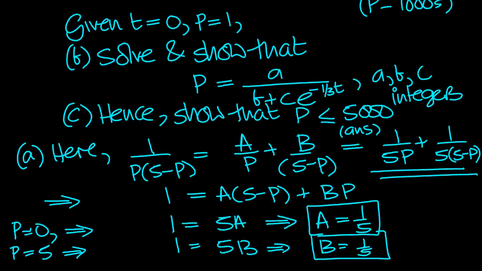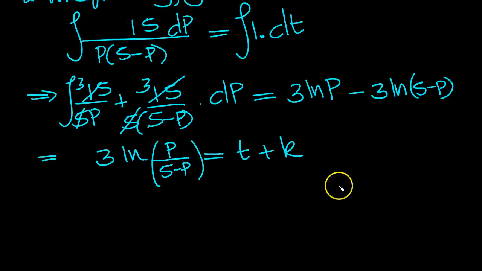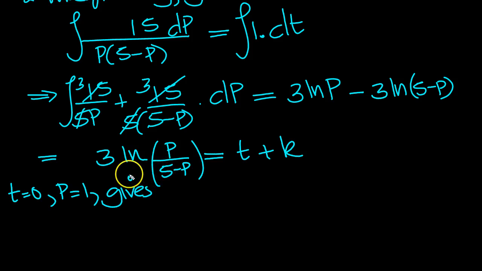Okay, so now given t equals 0 when p is 1, t equals 0, p equals 1 gives, see what we get then, we'll get 3 ln 1 over 5 minus 1, over 4. 3 log quarter is equal to k, because t will be 0.